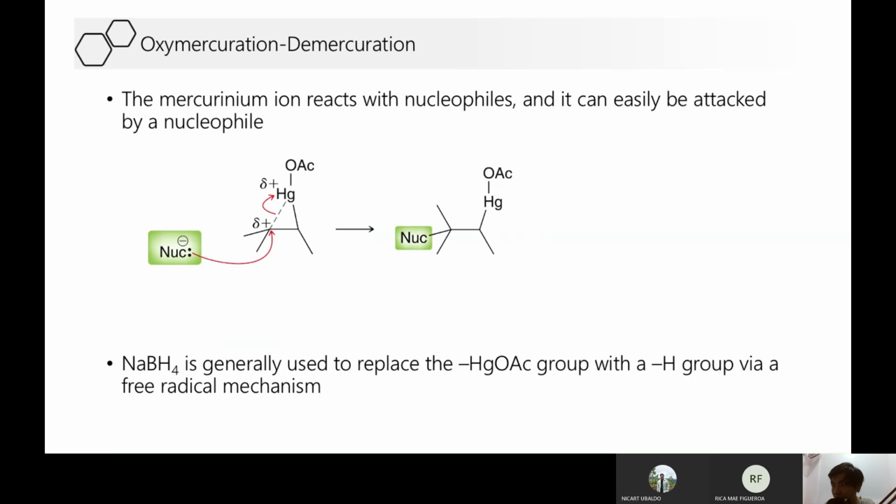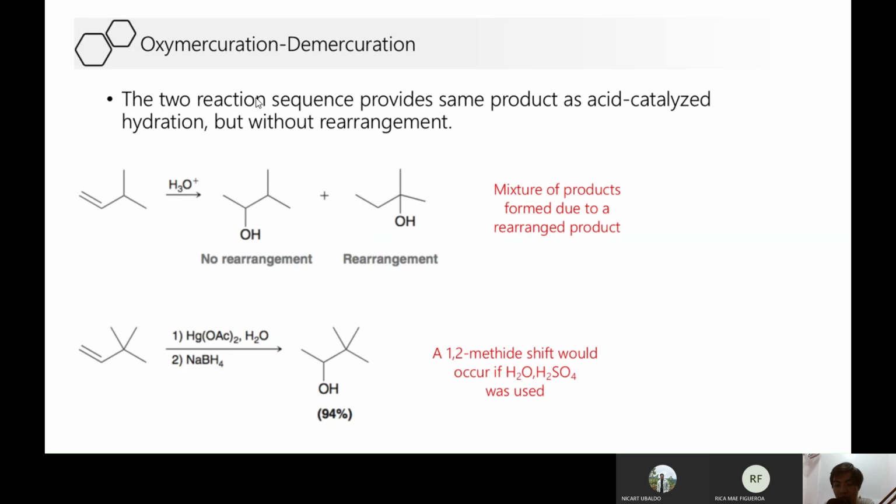I don't know if I've experienced it in the lab, but I know the mercury becomes solid, because it forms at the bottom. So that's the oxymercuration-demercuration process. Again, the difference is that compared to acid catalyzed hydration, which has rearrangement, for oxymercuration-demercuration, no rearrangements will happen. Okay?